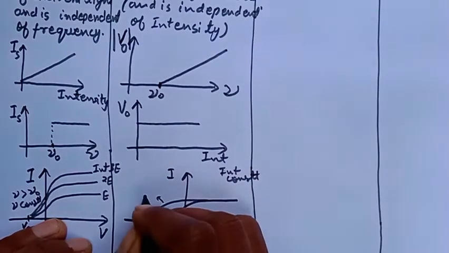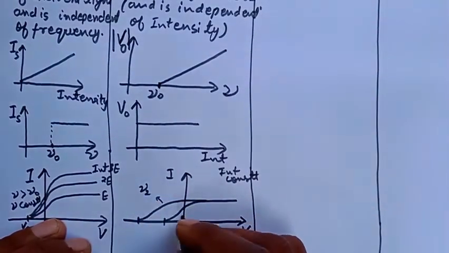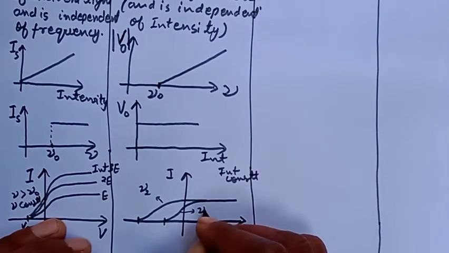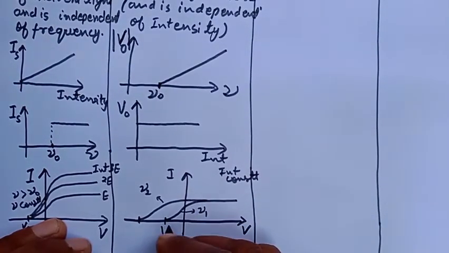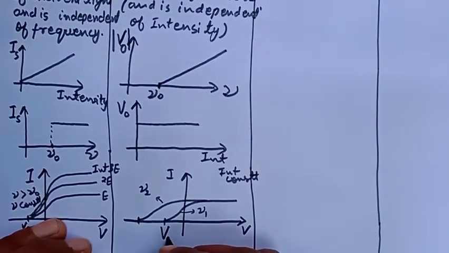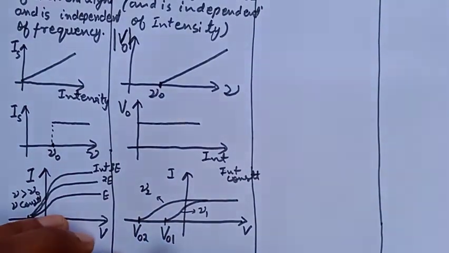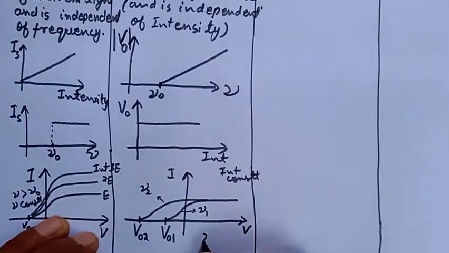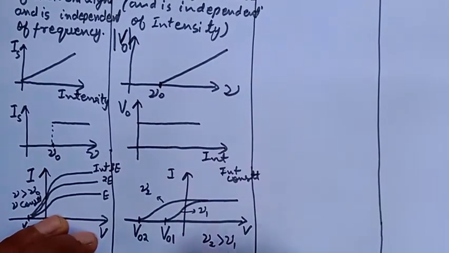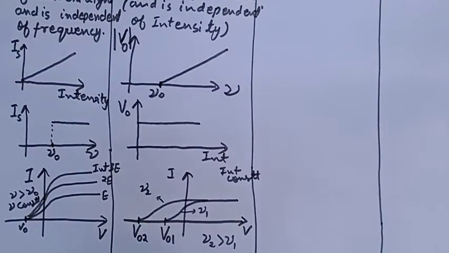So it has taken place at frequency nu2, and it was when frequency was nu1. So here it is a different stopping potential, and here we have a different stopping potential. So nu2 is greater than nu1, then this had happened. So what is happening here is stopping potential. If we increase frequency, then it affects stopping potential and not the saturation current.